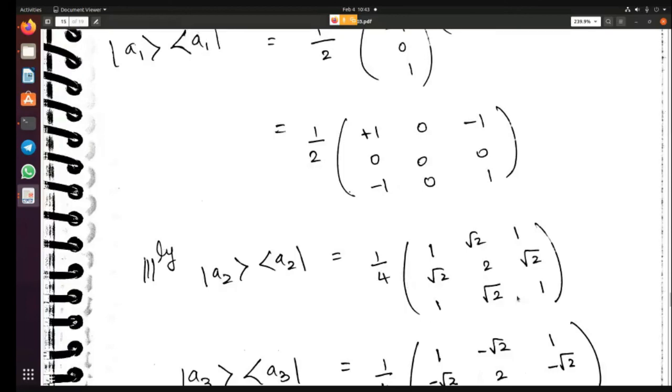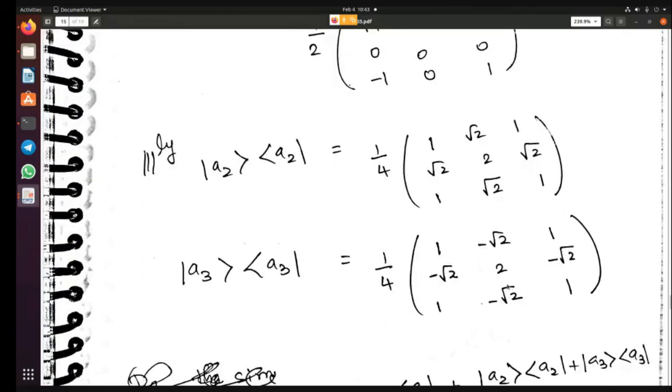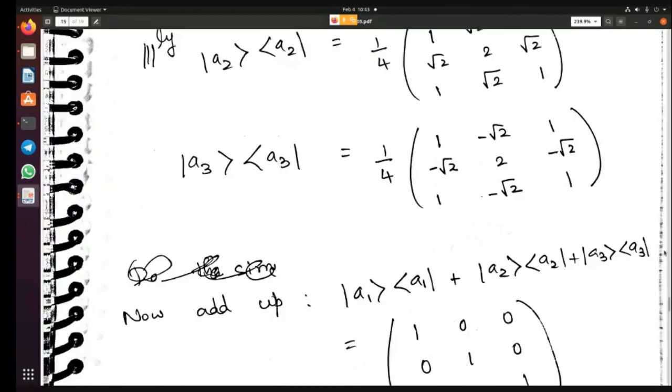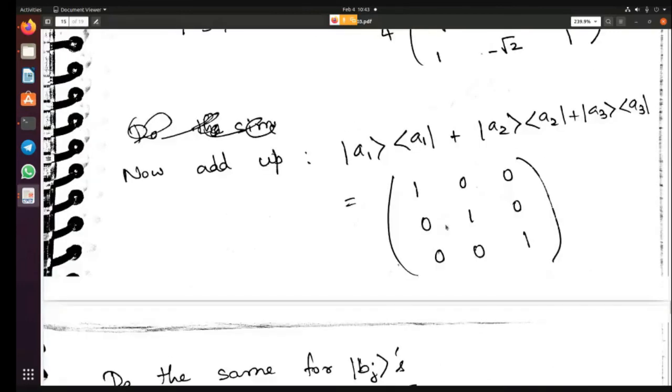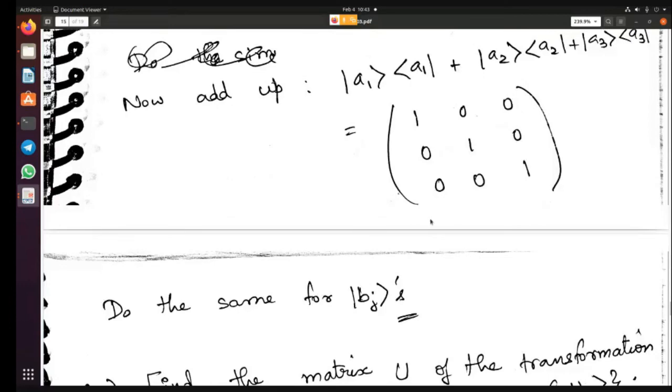Similarly, for |A2><A2|, you will get a matrix. For |A3><A3|, you will get a matrix. You have to add them up. What do you get? You get the identity operator, right? The 3 cross 3 matrix for the identity operator. That's it. Similarly, you should do for the Bj's as well.